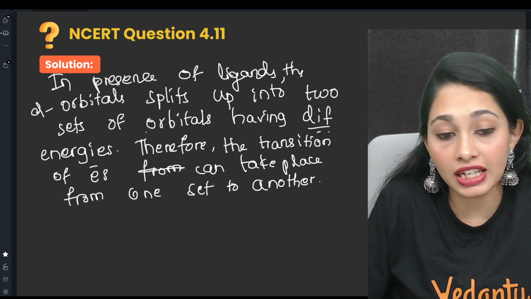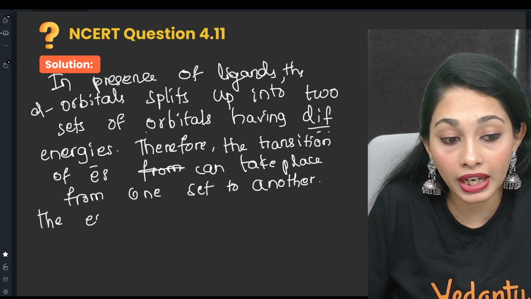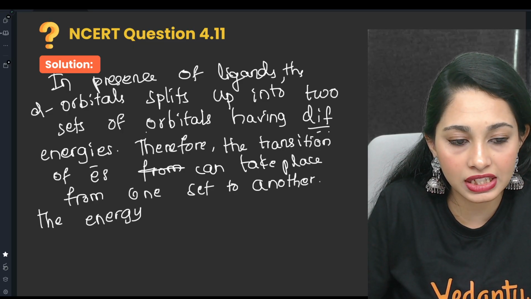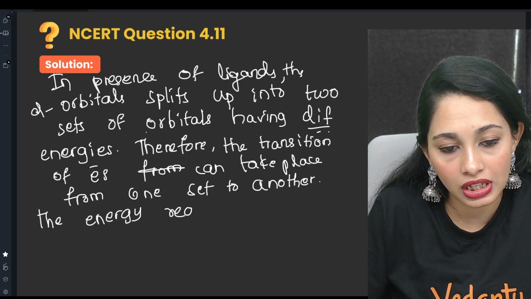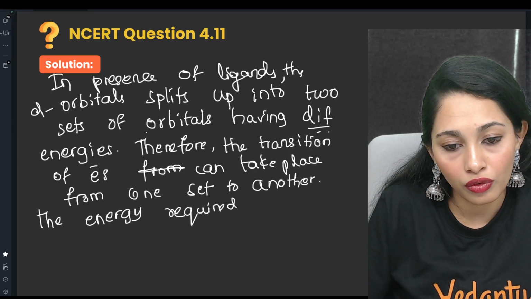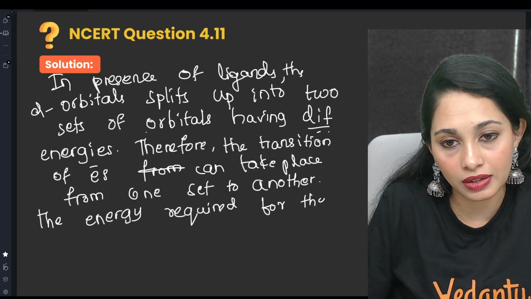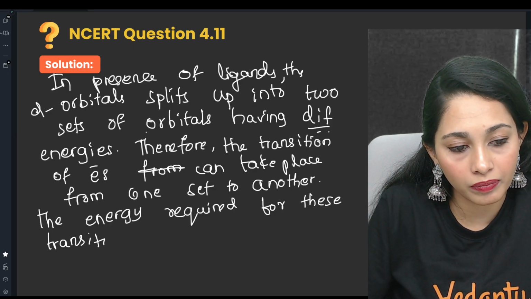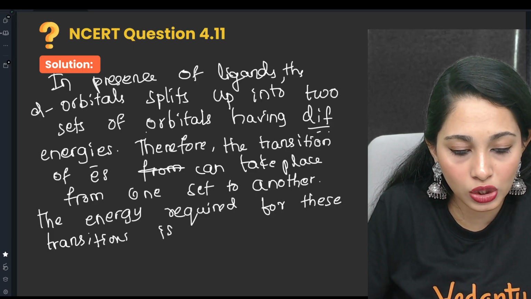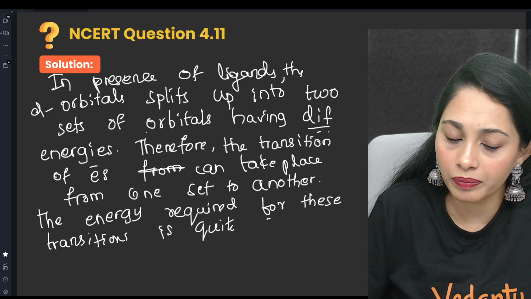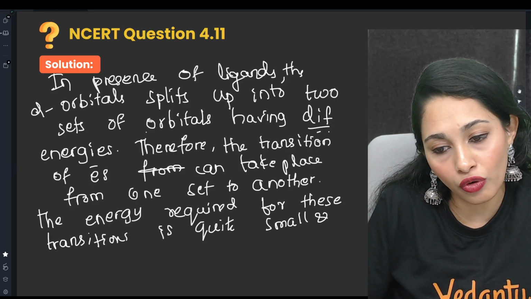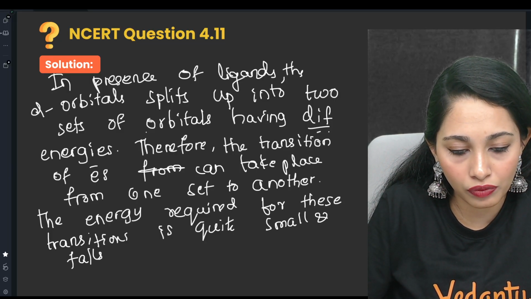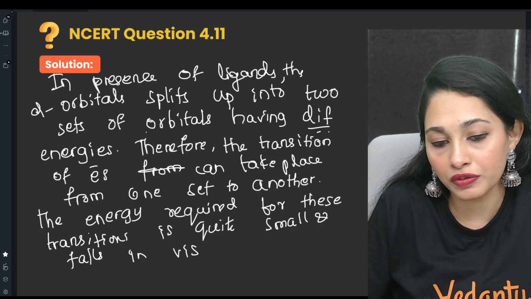The energy required for these transitions is quite small and falls in the visible region of the radiation.